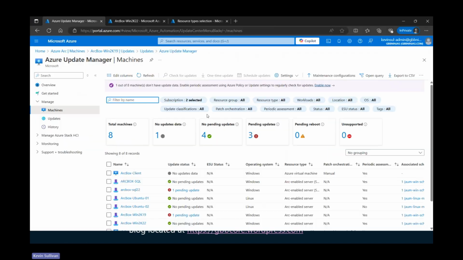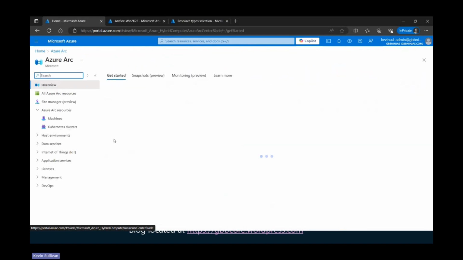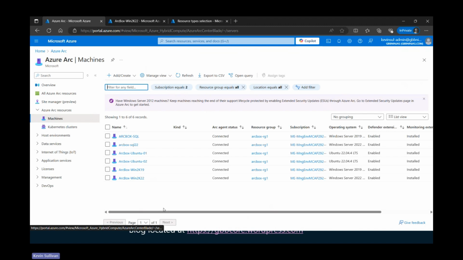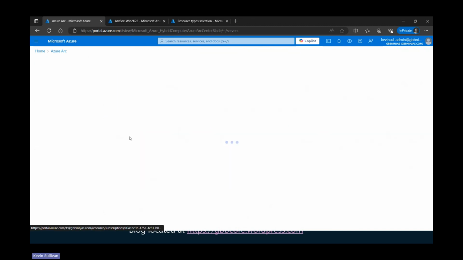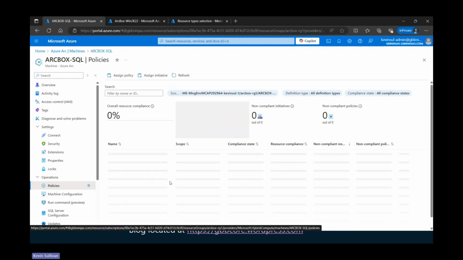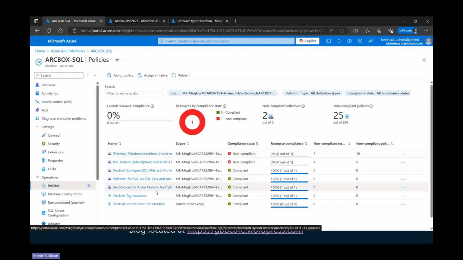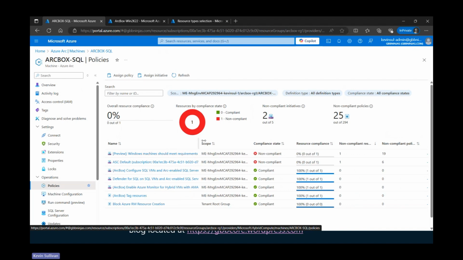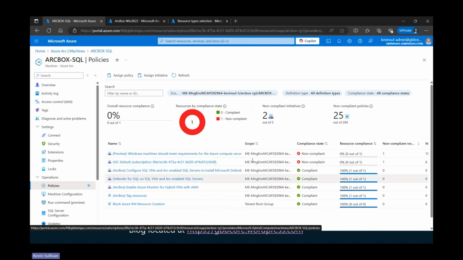So if I go back into my Azure estate, and let's just start with one of my boxes. Let's go to this SQL box. And then if I look at policies, you'll see that I have various policies applied here. Some of these were done on my behalf because I've introduced some other services, and some I've done intentionally. So for example, this initiative here, configure SQL VMs and Arc-enabled SQLs to install.